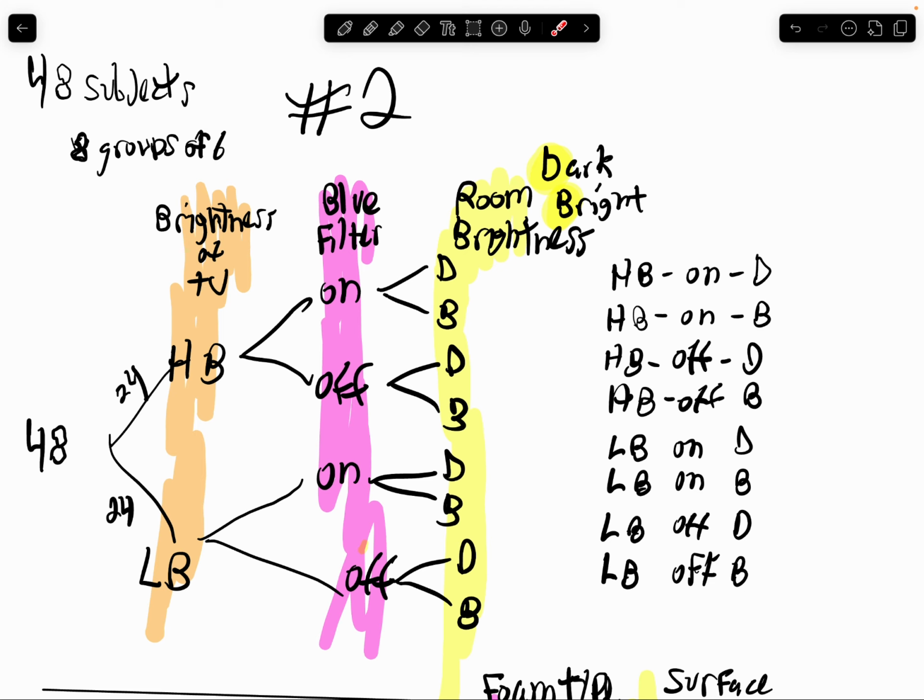And after they look at them, okay, so this would be 8 groups of 6. So this is your 6 people in each of these groups, right? Of that 48 people.